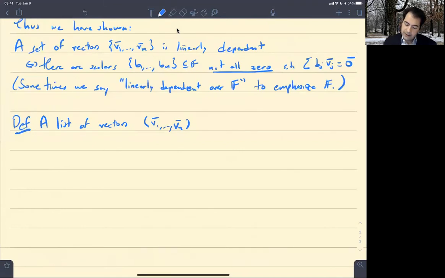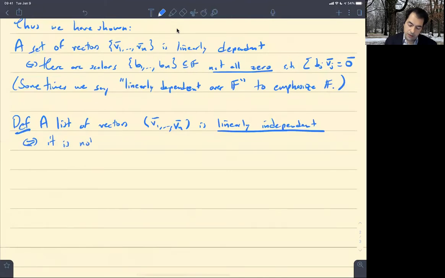So a list of vectors is linearly independent if and only if it is not linearly dependent.